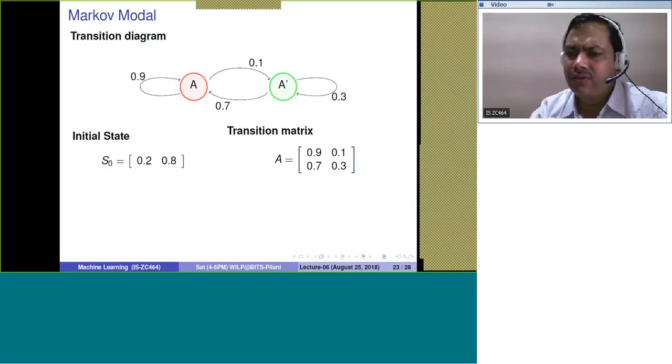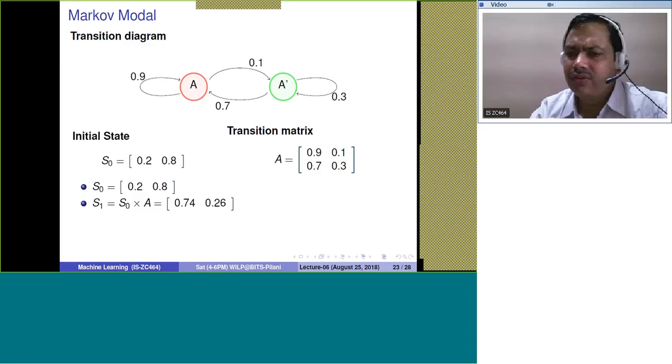All right, so 90% items are there, then 0.1, then 0.7, 0.3. This is the transition matrix. Initially S0 was this, but when you multiply S0 with A, meaning the advertisement campaign has been launched, you are going to get 74% of the people.